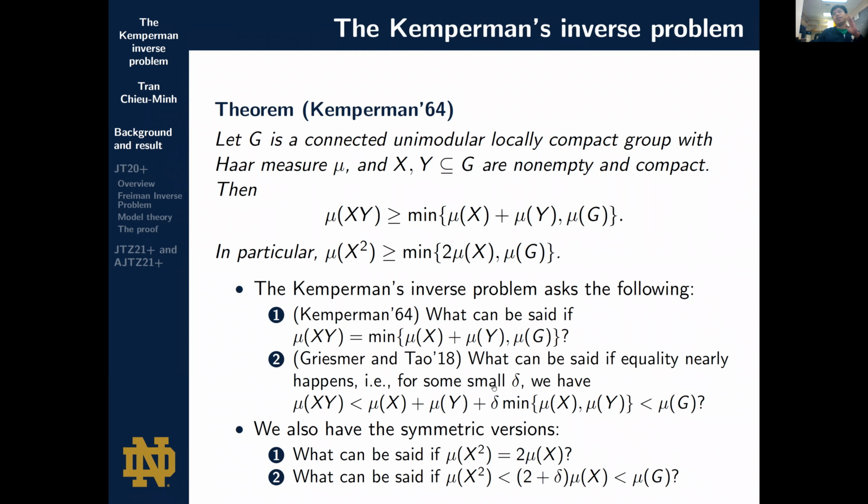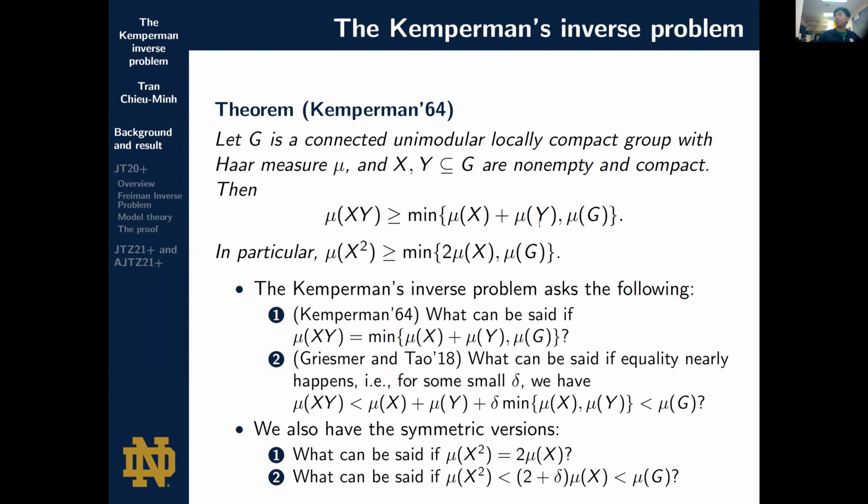So maybe let me pause again and ask if there are any questions from the audience. All right. Now, think about it: if the measure of X and the measure of Y are both larger than half the measure of the full group G, then according to the Kemperman inequality, the measure of XY must be exactly the measure of G, right?